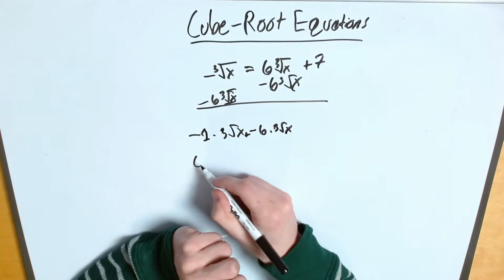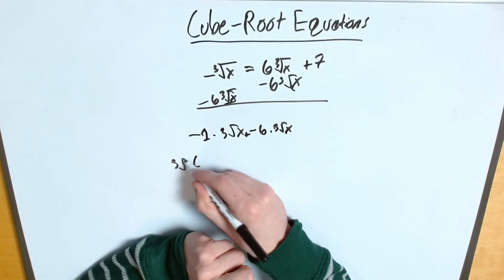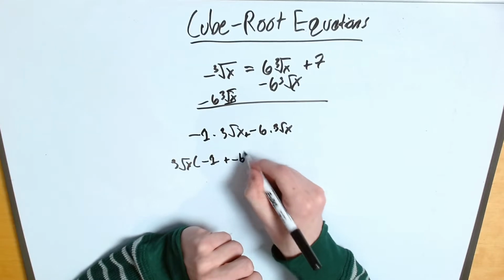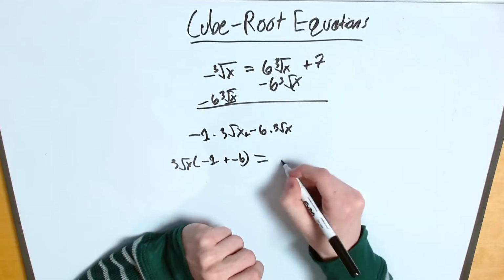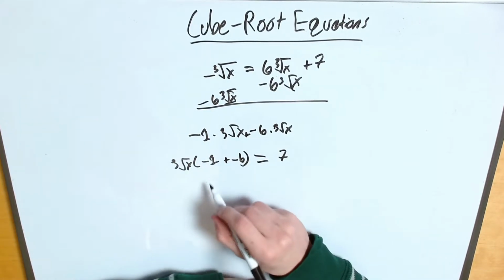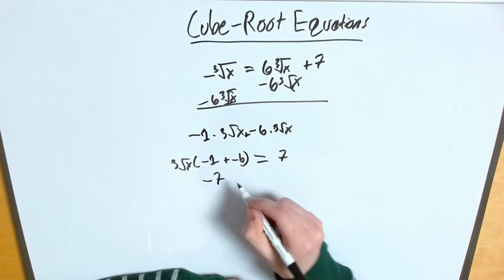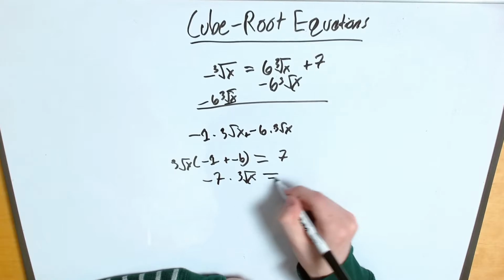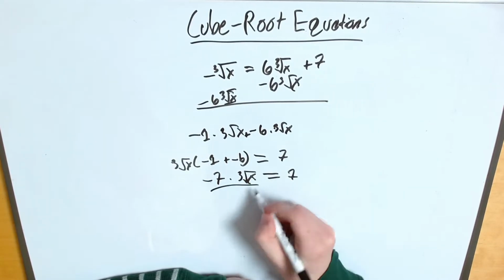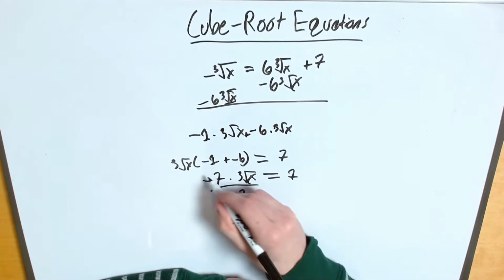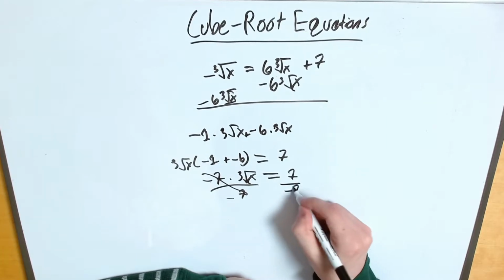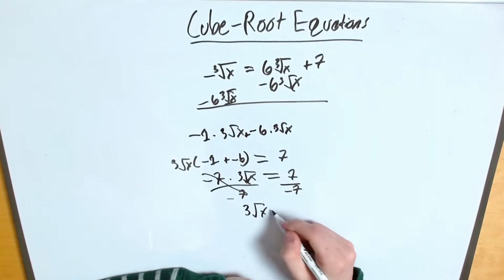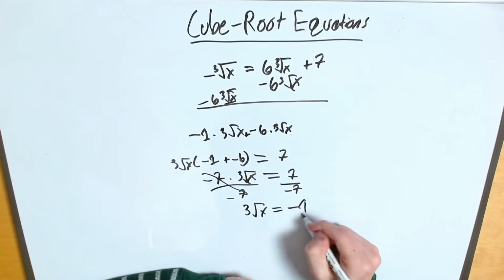So if we factor out a cube root of x, we have negative 1 plus negative 6, and of course this equals 7. This simplifies to negative 7 times the cube root of x is equal to 7. So I divide by negative 7 on both sides to get the cube root of x is equal to negative 1.